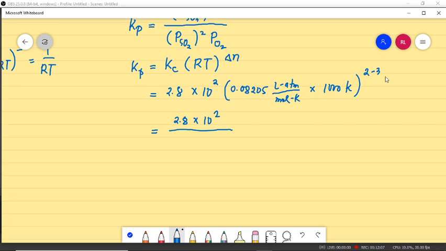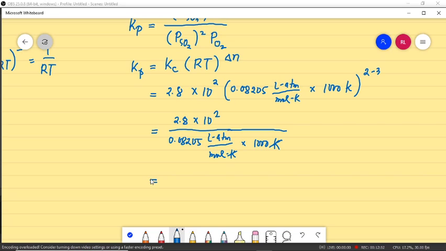Why? Because the exponent is negative. So this becomes divided by the value of R with a unit liter atmosphere per mole per Kelvin times 1000 Kelvin. Okay, cancel Kelvin. So the unit left here is liter atmosphere per mole, and then since this is in the denominator, we will get the reciprocal of this.